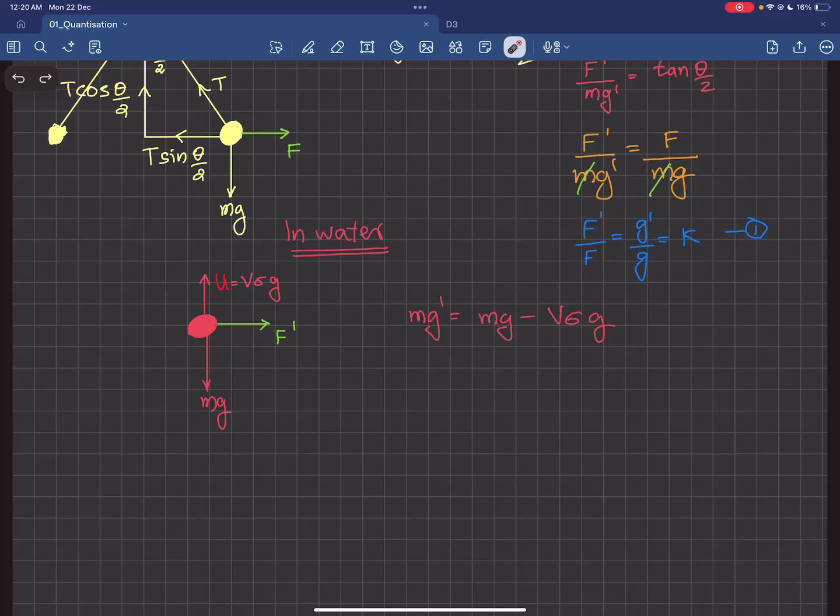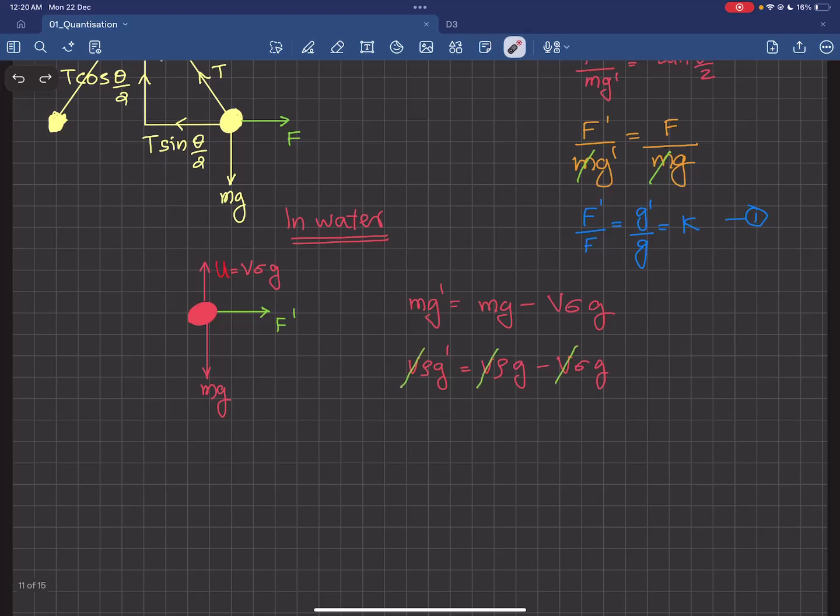What we do next is the mass of the steel ball can be replaced by the volume of the steel ball times density of the steel ball, which is V rho. So replacing m in both places by V times rho, volume of steel ball times density of steel ball, you can see everywhere there is V, which can be cancelled.